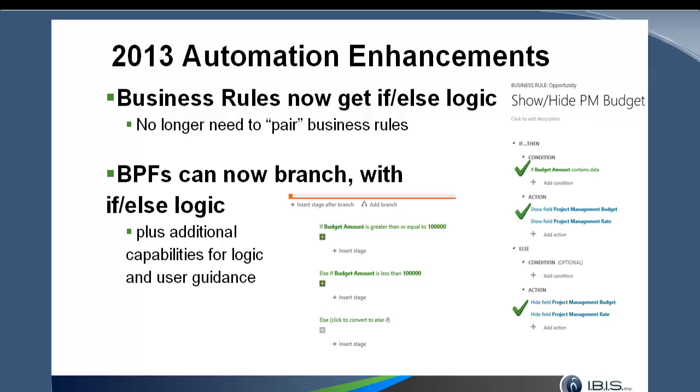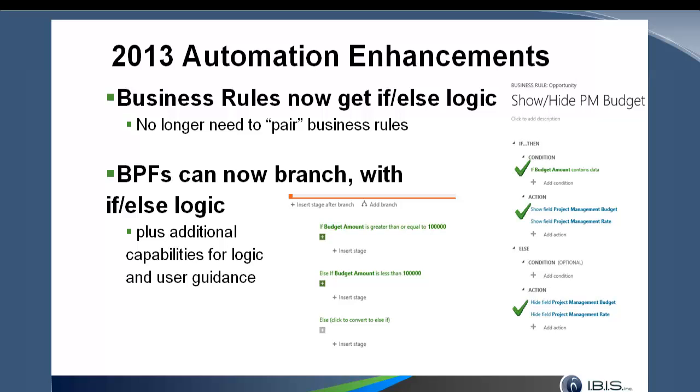Similarly, you can use this same logic engine in the business process flow editor to branch your business process flows. So if you're on, for example, an opportunity record, and you fill out the budget amount, and it'll fall within, say, 3 stage gates, or in this case 2.